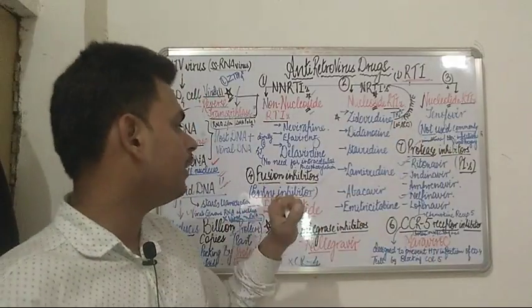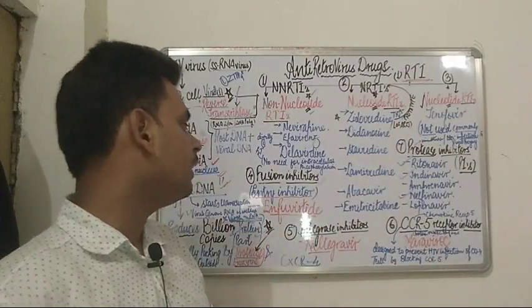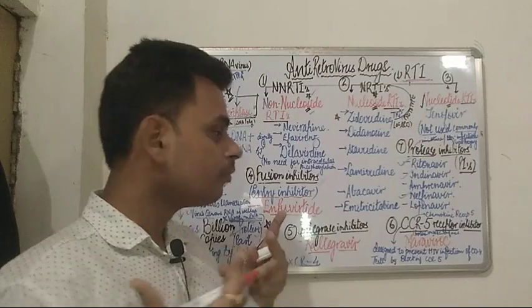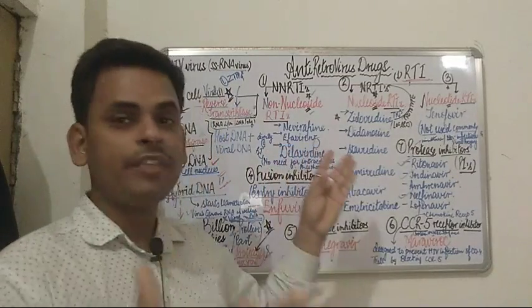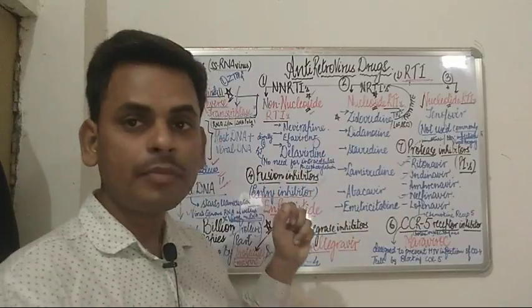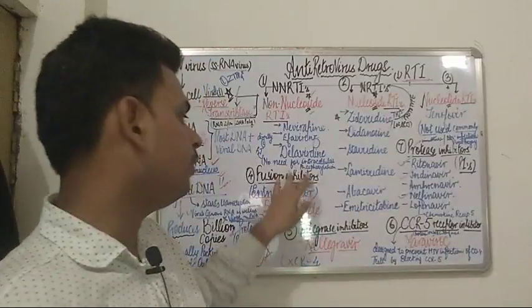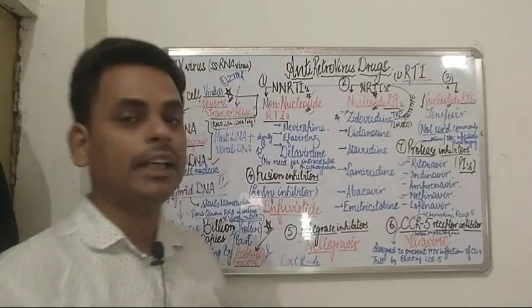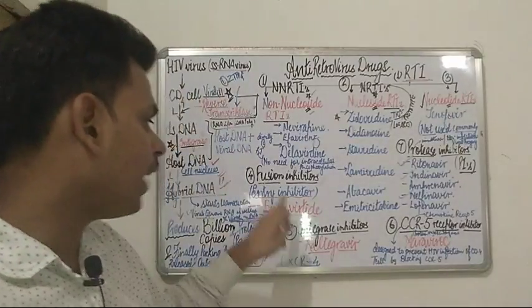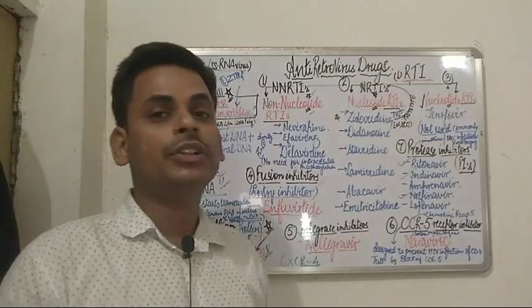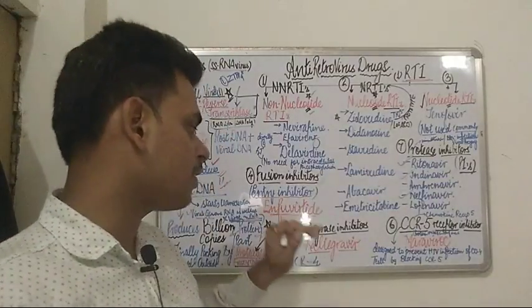Since they inhibit the entry of the HIV virus into the host cell, they are known as the fusion inhibitors. The drug most commonly used is enfuvirtide.